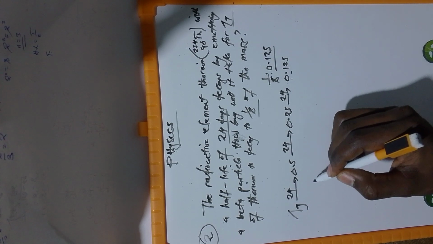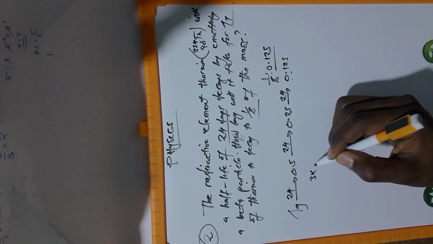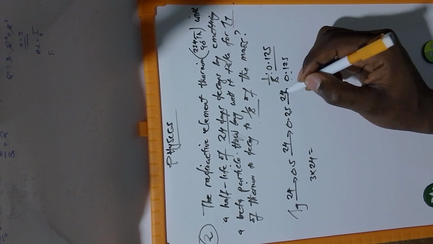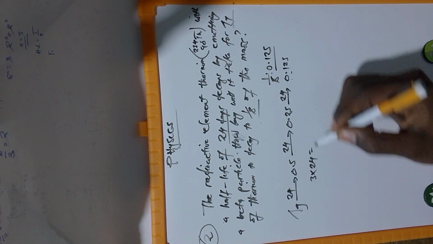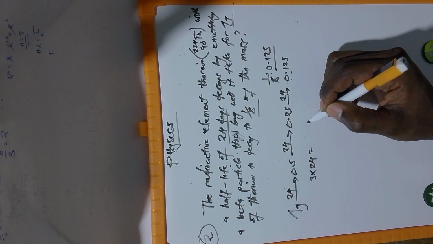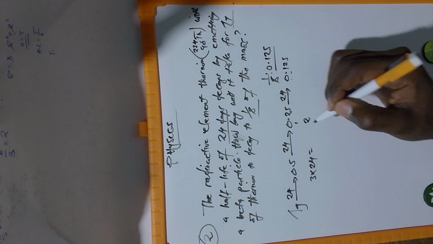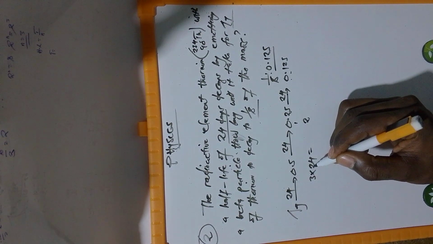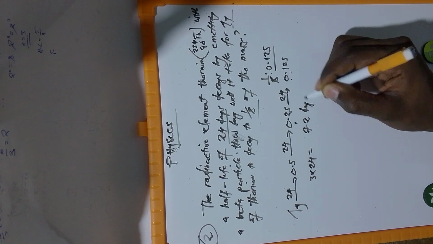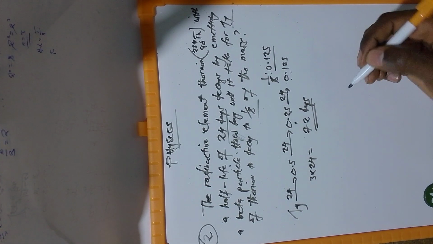Therefore, we'll say 3 times 24, or you can say this plus this plus this. So 3 by 4, it will give us 12. So you write 2, then 1, then 3 by 2 to give us 6 plus 1, 7. So 72 days was the answer.